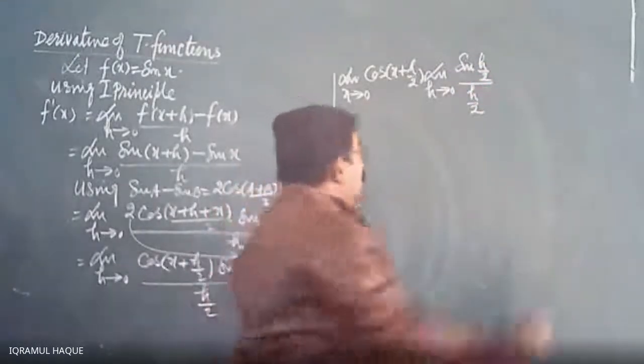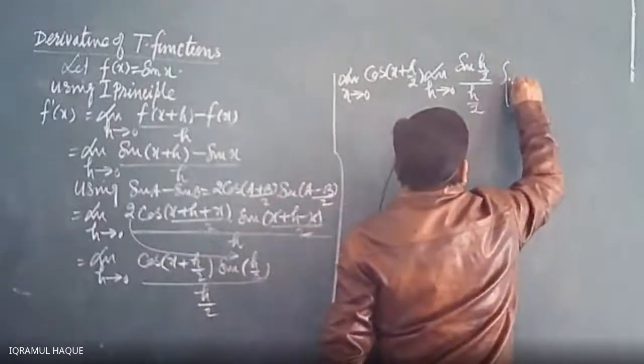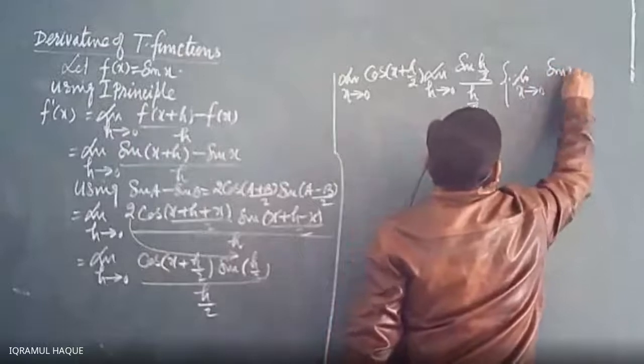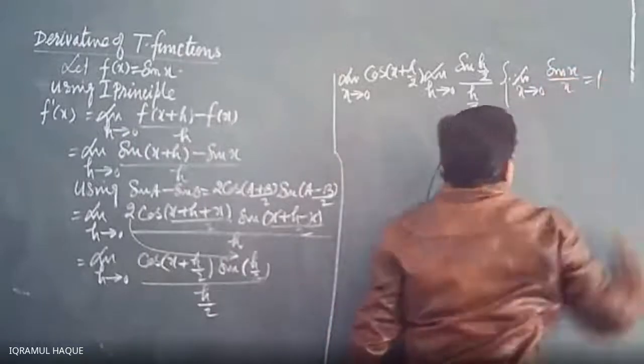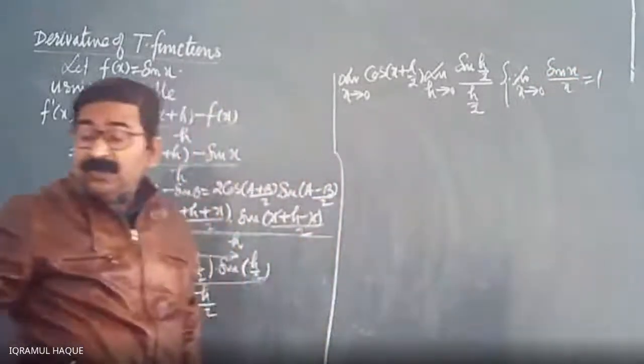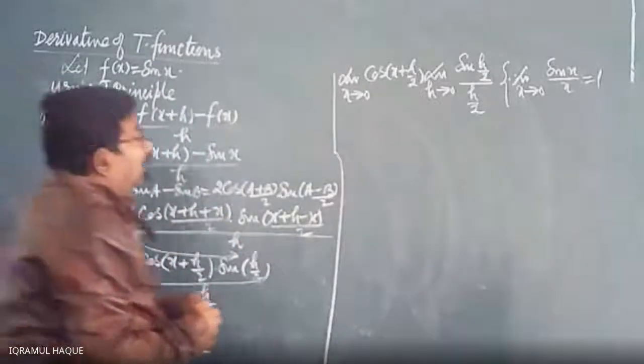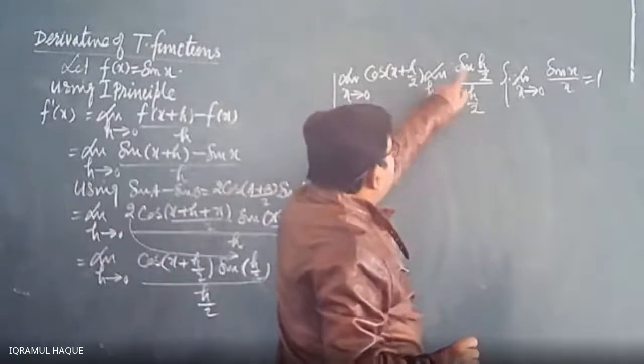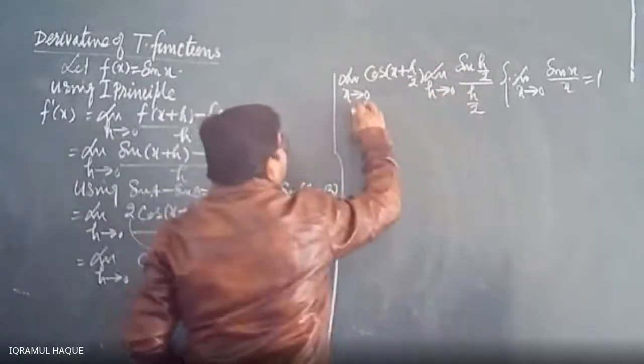And you know this formula, since limit x tends to 0, sin x upon x is equal to 1. So here limit h tends to 0, sin(h/2) upon h/2 is equal to 1, and apply the limit here.